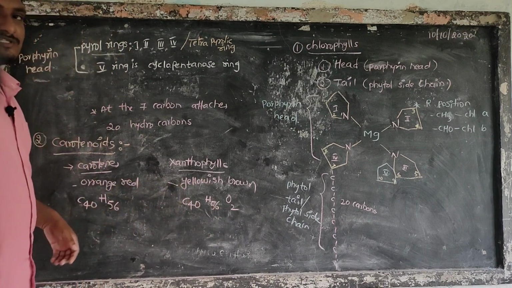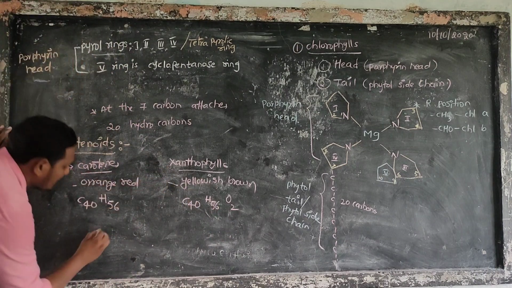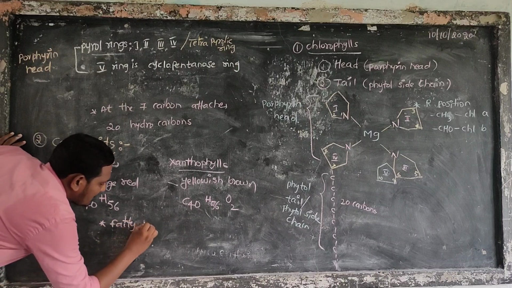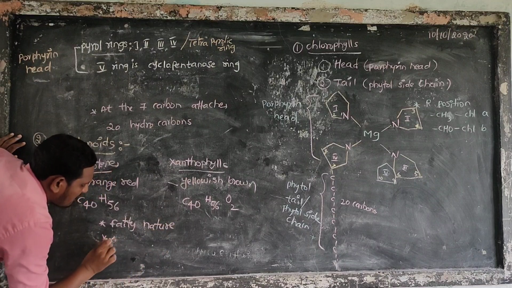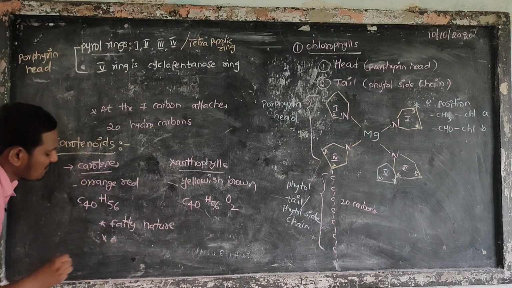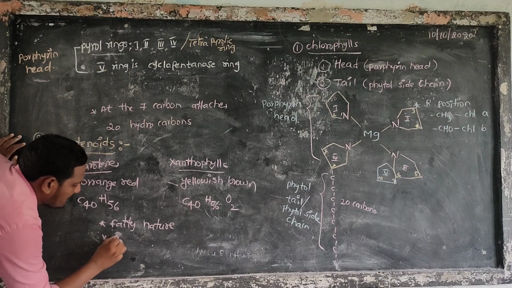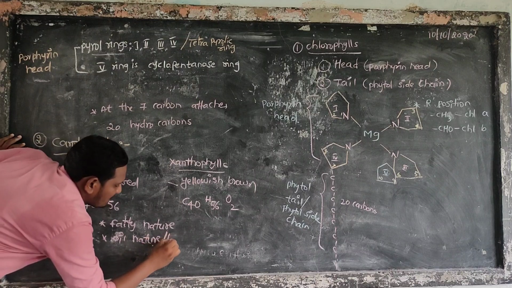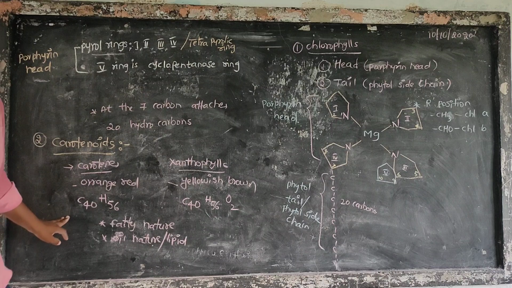That is the xanthophyll structure. These carotenes and xanthophylls are mainly fatty in nature, or oily nature. It means fatty substances, oil nature or lipid nature, lipid molecules.